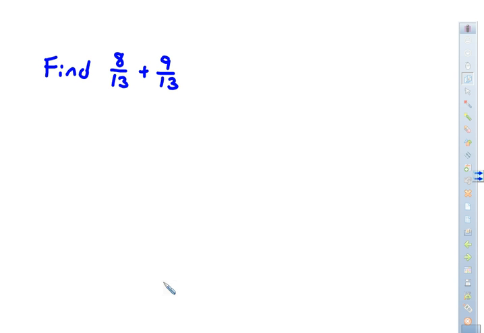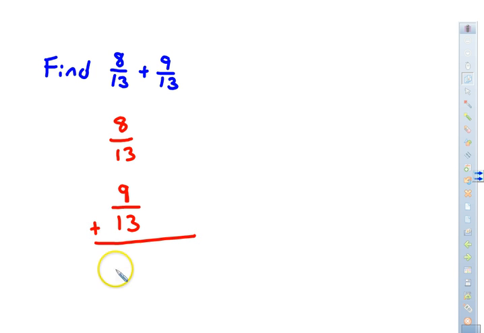So go ahead and do that. Again, we need to always set this up so that it is written vertically. We are adding. In this case, we have common denominators. That is the very first thing that we always need to make certain of, because if we do not, then there is no way to add or subtract the fractions. Since they are the same, we simply add our numerators, which 9 plus 8 is 17, over 13. Now we have to make certain that it is in simplest form.